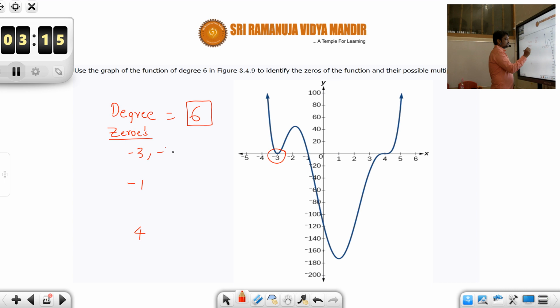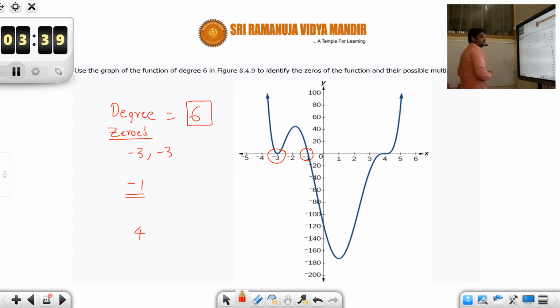At -1, the graph is simply cutting the axis. It is looking linear. Linear means this is a zero of multiplicity only 1, so it is repeating only once.